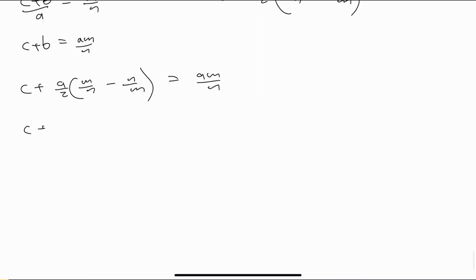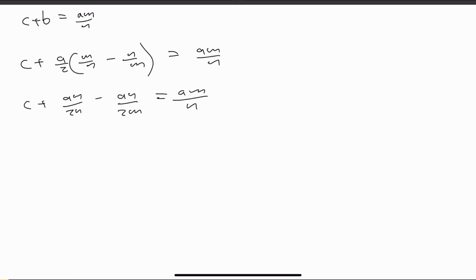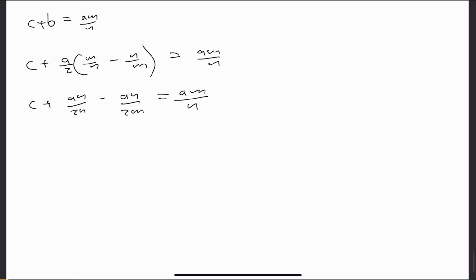Now we can expand, so we have am all over 2n minus an all over 2m, which is equal to am all over n. And then notice that there's an am all over n and am all over 2n over here. So we can simplify that.